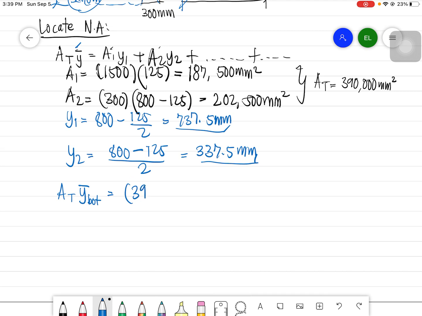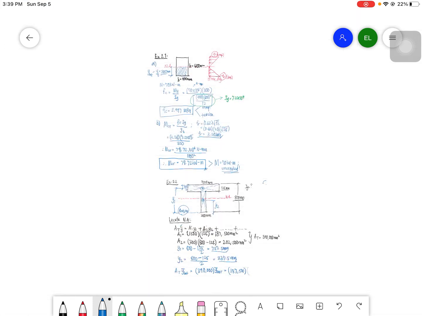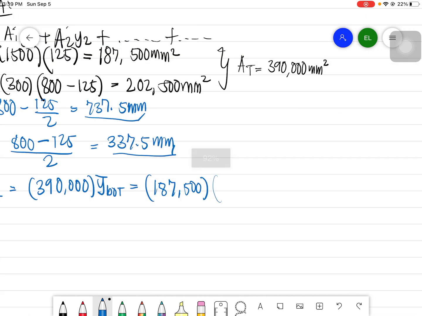So we have 390,000 times y bottom, which is equal to 187,500 times y1, which is 737.5, plus 202,500 times 337.5.